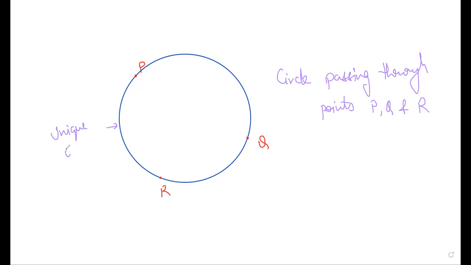What does that mean? It means that if I try to draw a circle again which is passing through points P, Q, R, I will get once again the same circle. That is what it is saying.